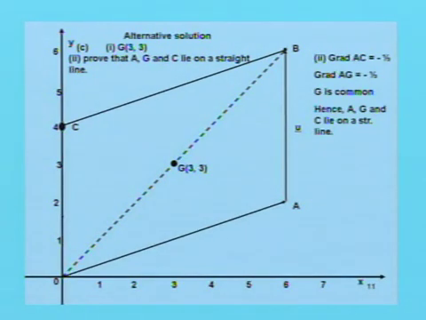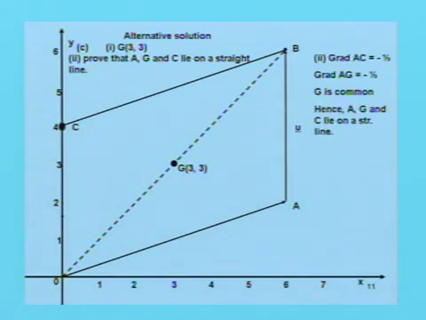This is an alternative solution to part C. We recognize already that the point G is (3, 3), and then we want to show that A, G and C lie on a straight line. So one easy way, which is not a vector method, we find the gradient of AC, and that gradient is minus a half.